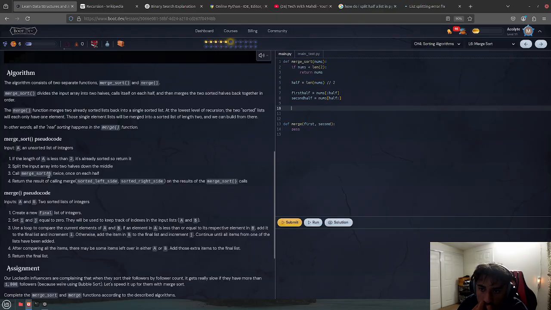Call merge sort twice, once on each half. What? Call it twice. Call merge sort.